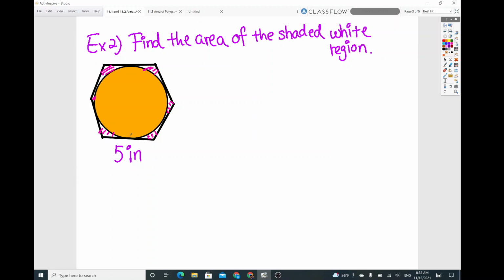We do know the base of the hexagon is 5 inches. The way to find the area of a hexagon is by using the formula 1/2 times the apothem times the perimeter of the hexagon. So we need to figure out the apothem first.